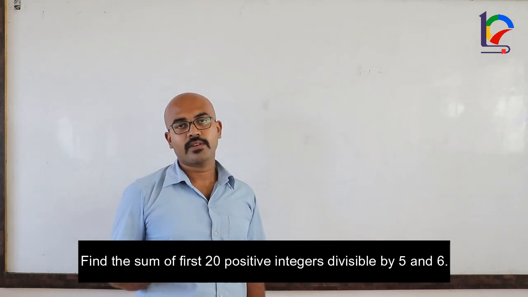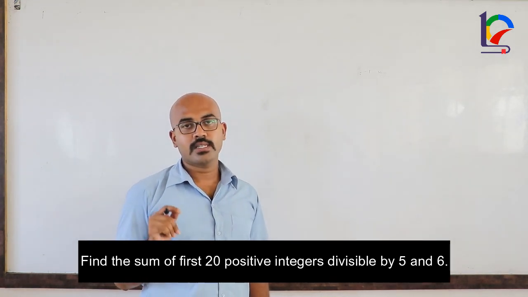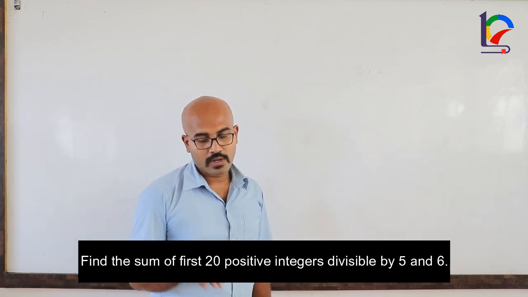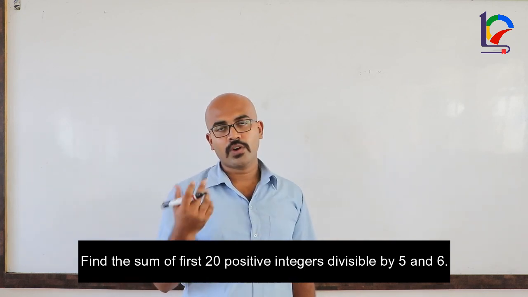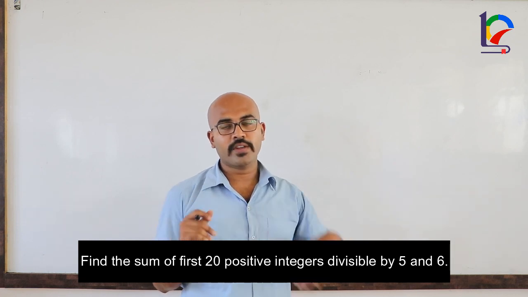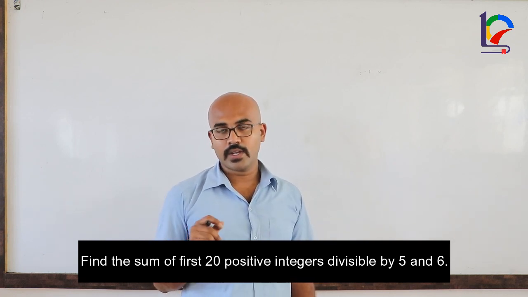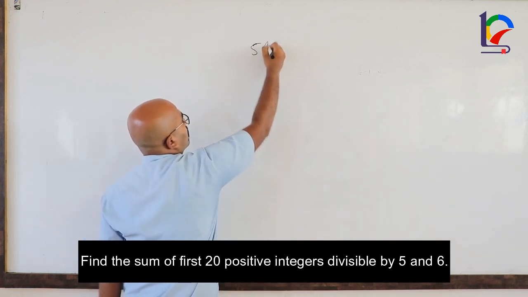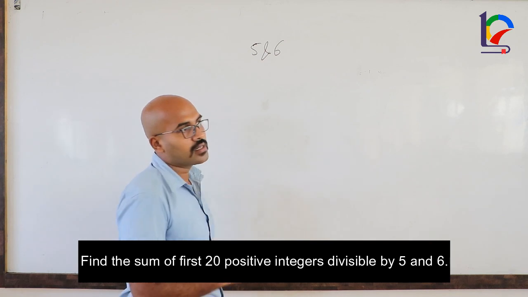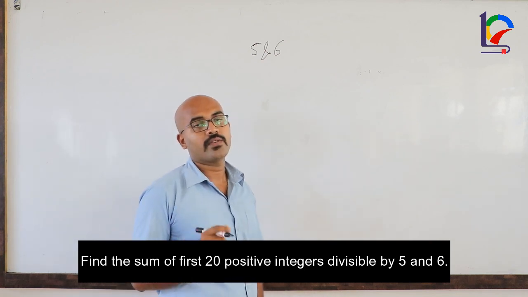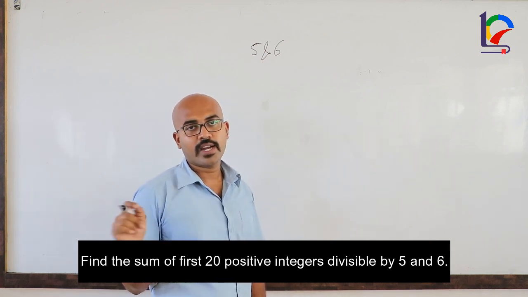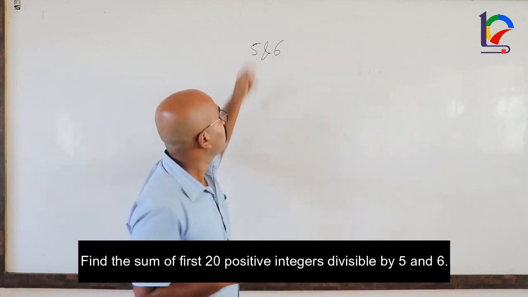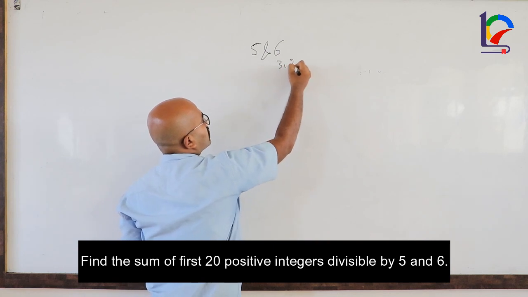So what is the first term which is divisible by both 5 and 6? If you want to find a number which is divisible by two different numbers, for that you need to find the LCM. So it should be divisible by 5 and 6. What is the LCM of 5 and 6? You know that 5 is a prime number. 6, if you write the factors, it is 3 and 2.